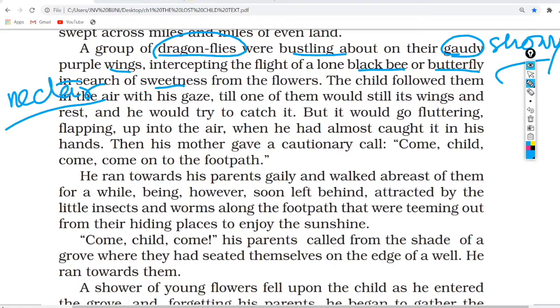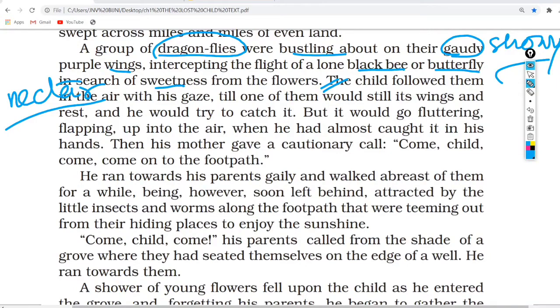Butterfly were in search of the sweetness of the flowers. Now, what did the child do? The child followed them into the air with his gaze, till one of them would still its wing and rest, and he would try to catch it. Now, my dear children, this particular scenario takes me to my childhood when I was trying to catch those butterflies.